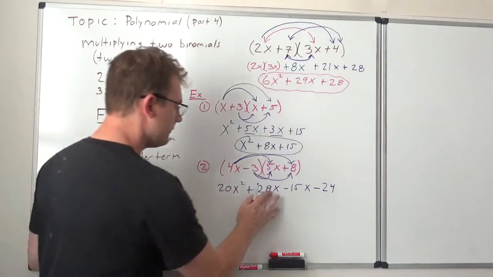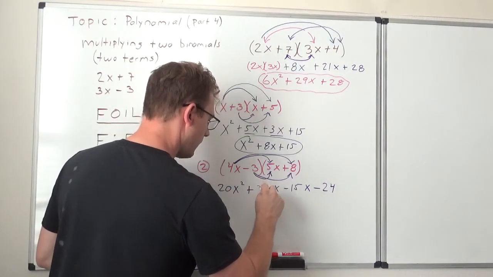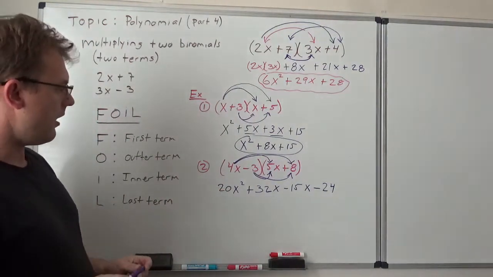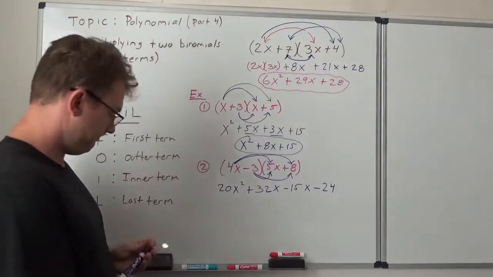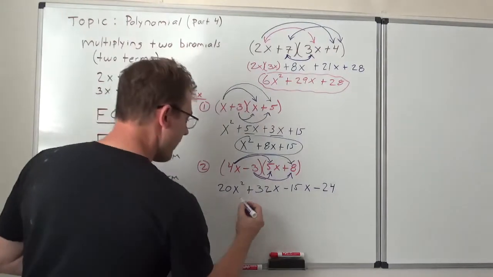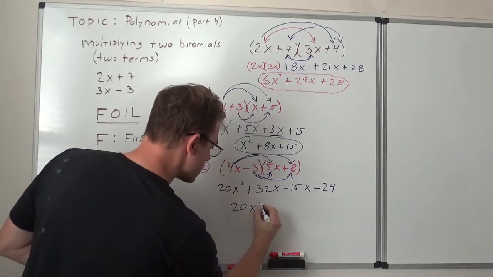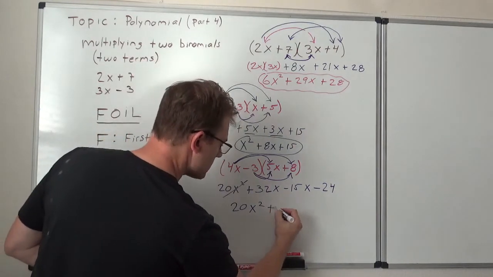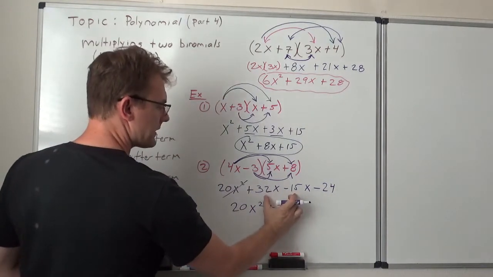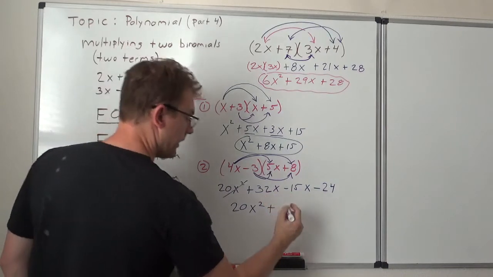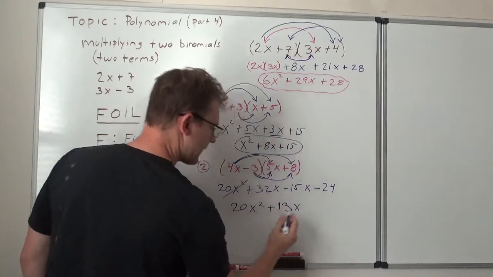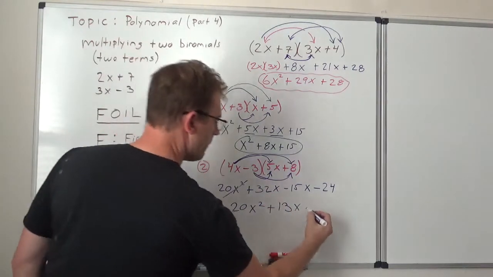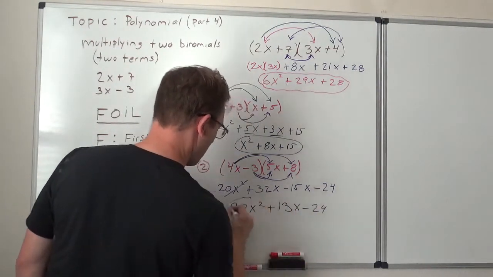That should be 32. Sorry. Now we just combine. So we have 20x squared. We got this going to be plus because we're adding. That's going to be not 15, that's 13x. Make sure I got my math correctly. And minus 24.